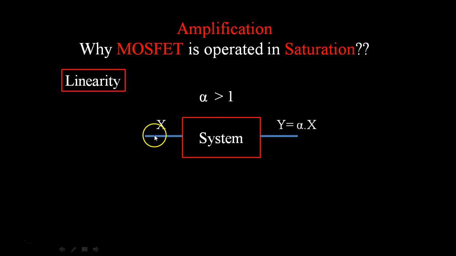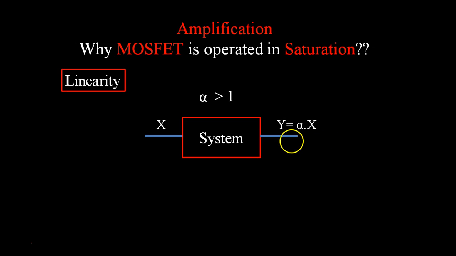Even if I feed the system with, let's say, some x2, I will get some y2, which is equal to alpha times x2. So anything which I feed at the input, the output is the scaled version of it. Also, if I feed a sum of signals, for example x1 plus x2 plus x3, and the output is alpha times x1 plus beta times x2 and so on, then if the system satisfies this, we can call that system linear.